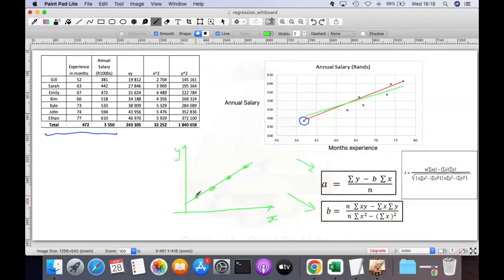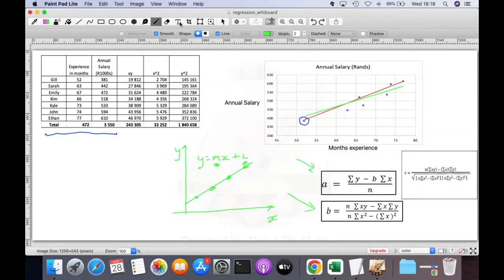The equation of a line is y equals mx plus c, so those two characteristics I'm talking about are this m and this c.